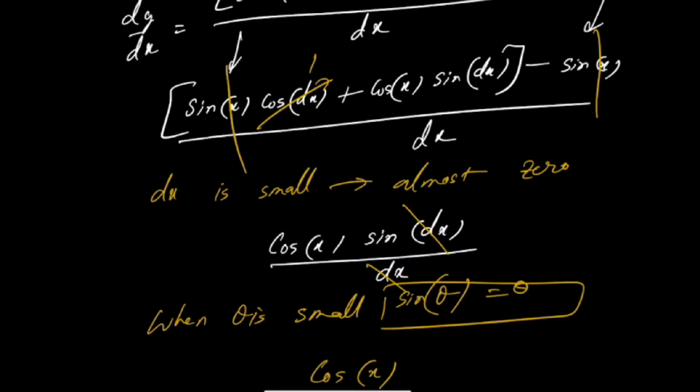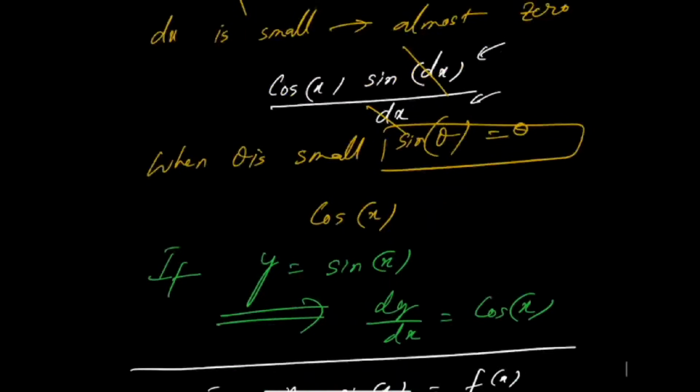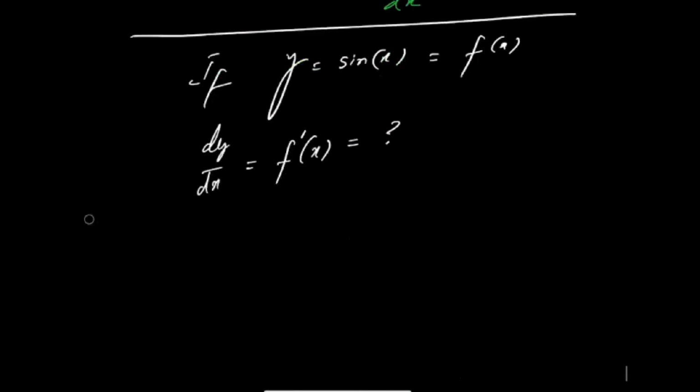But I already told you in the first class that when theta is small, sin theta equals theta. We also visualized geometrically why it is true. So sin theta and theta are equal when theta is small, and dx is anyway small. So sin dx is equal to dx, and they cancel. What is remaining? Cos x. So the derivative of sin x is cos x.